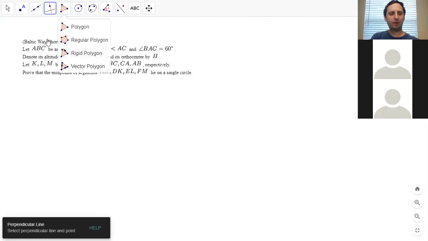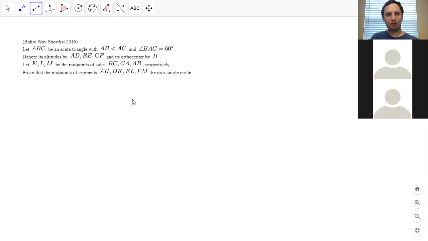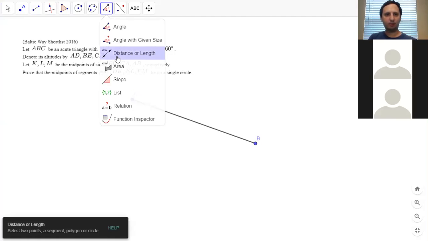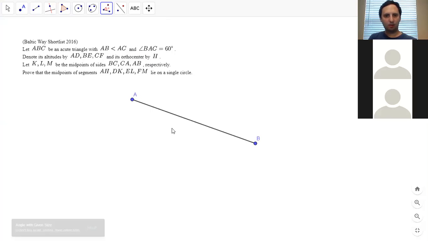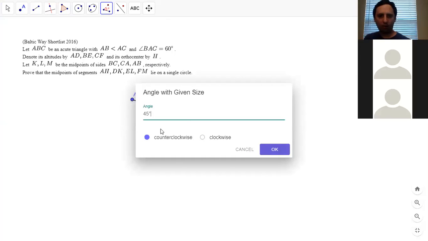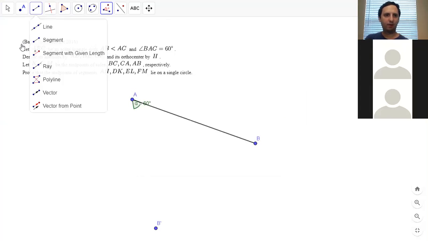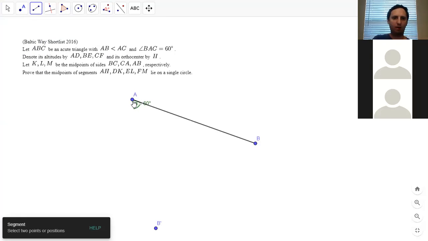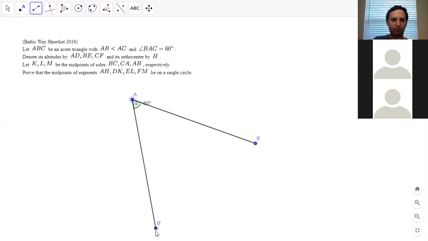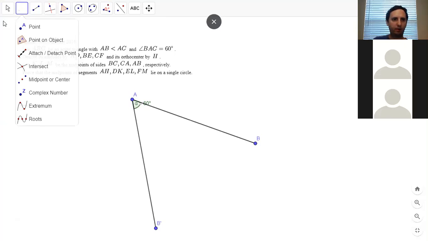All right, so I'm going to rotate this clockwise by 60 degrees. And I'm just going to pick a single point on it.